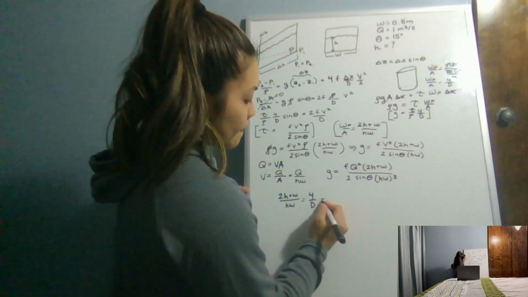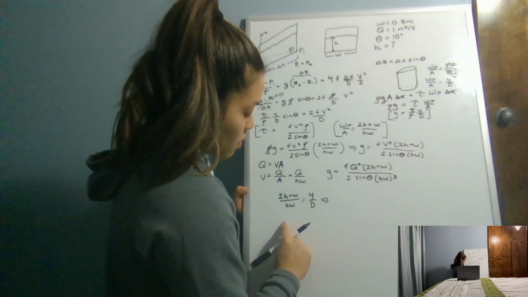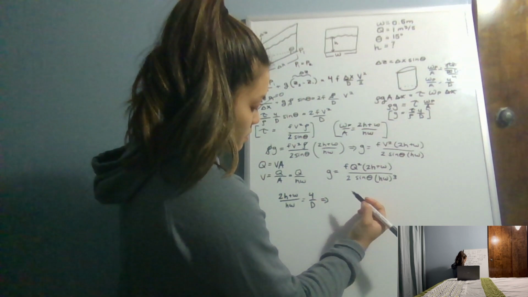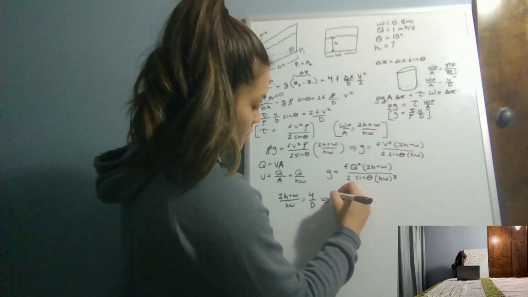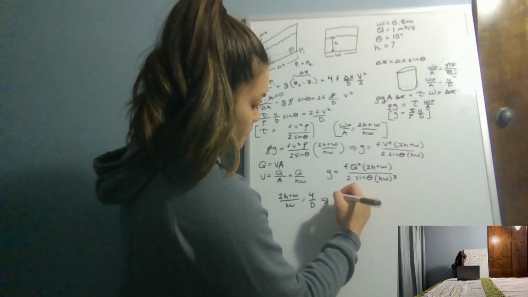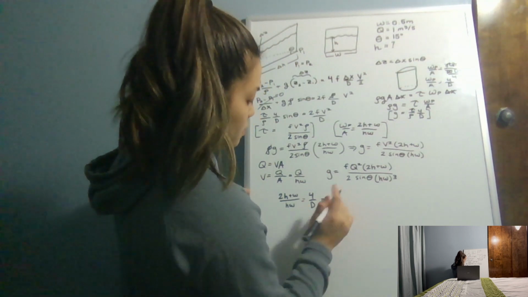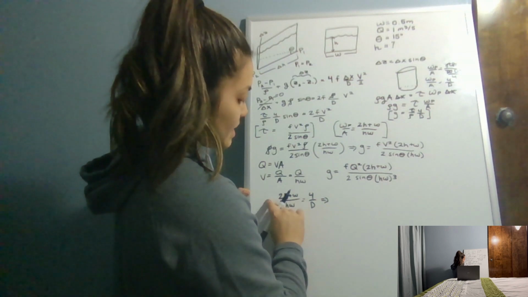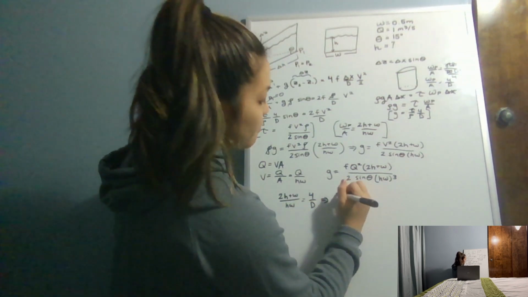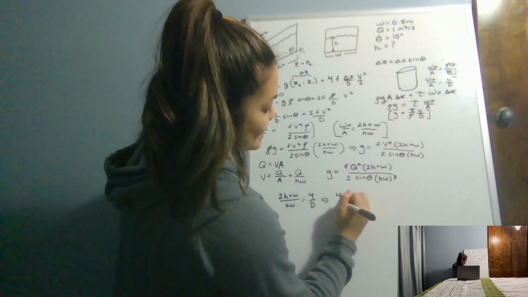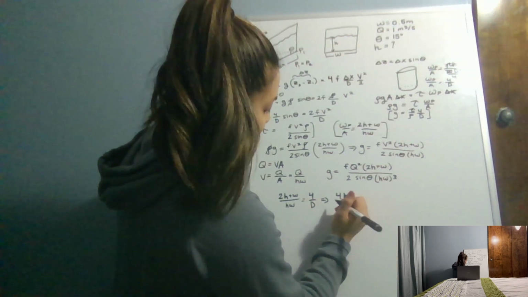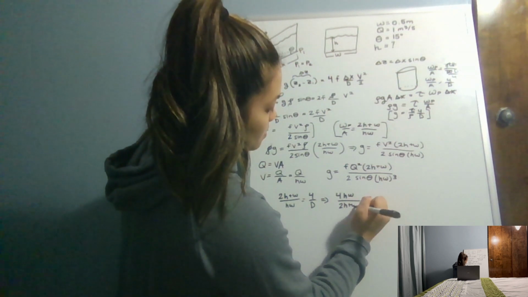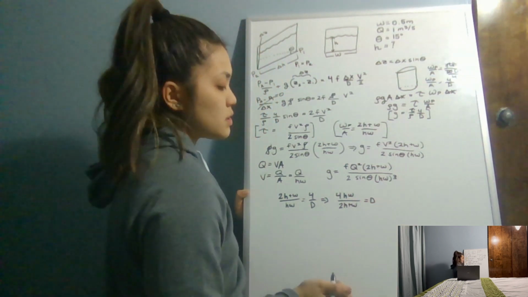So we isolate the diameter, multiplying by diameter, and we'll have 4 times the height times the width divided by 2 times the height plus the width equal to the diameter.